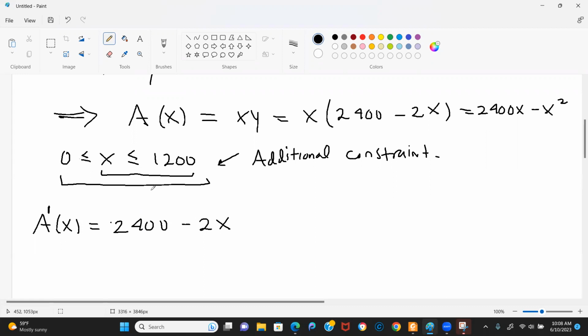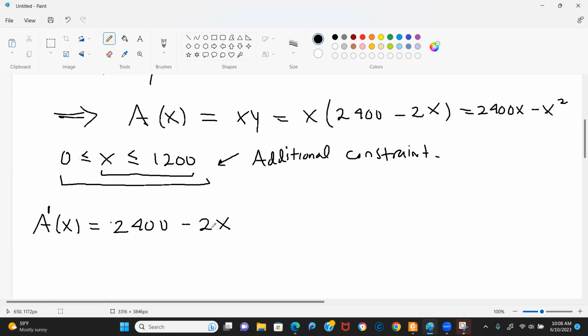And so to find where the function is a maximum, we need to first find the critical points of the function. This is where local maximums or minimums could be. And then we need to compare those to the endpoints of the interval, right?